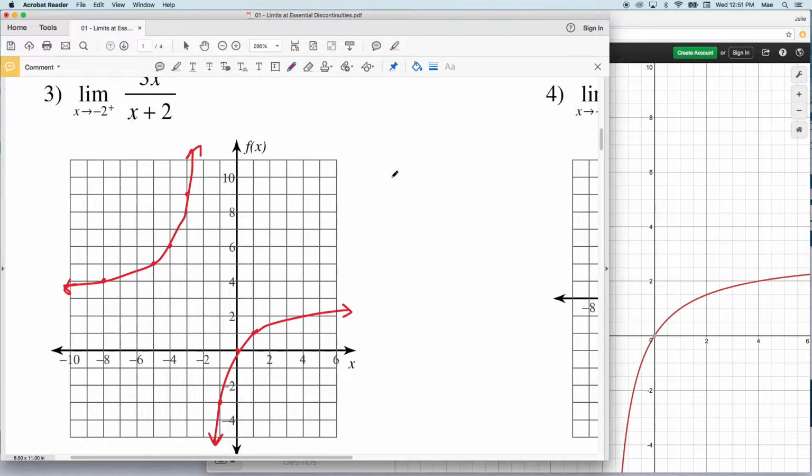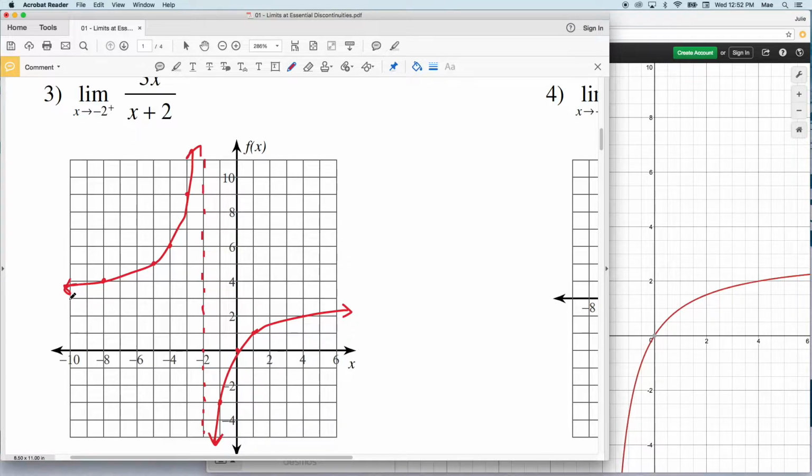you can see that I have two asymptotes. I have a vertical asymptote at x equals negative 2. And you may be asking, what is a vertical asymptote? A vertical asymptote is essentially a vertical line at an x value where, as the function approaches that value, its limit goes towards infinity or negative infinity.